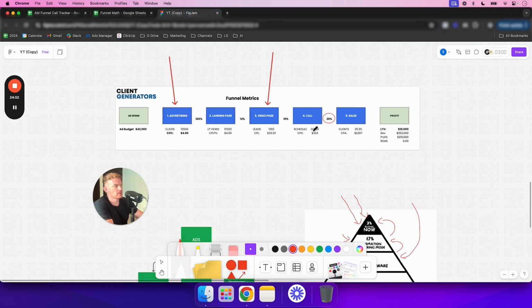I know the numbers didn't 100% work out here, but 333. That's expensive, right? That's a little bit high, honestly. But if you close 1 in 3, 1 in 4, and each client is worth 10 plus K, then you're going to be profitable. And that's the cool thing about an agency.